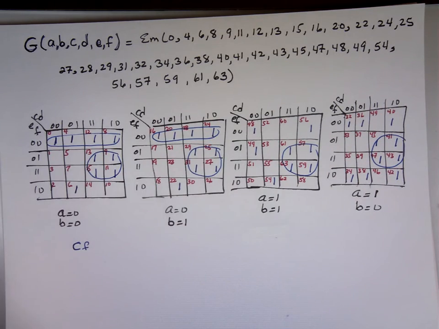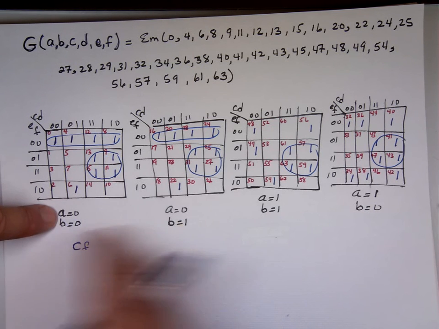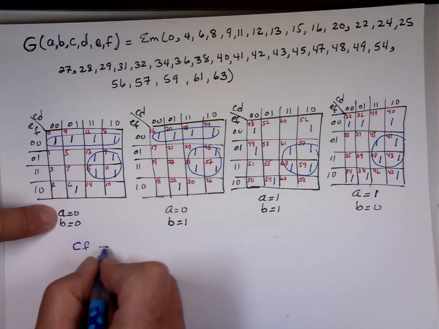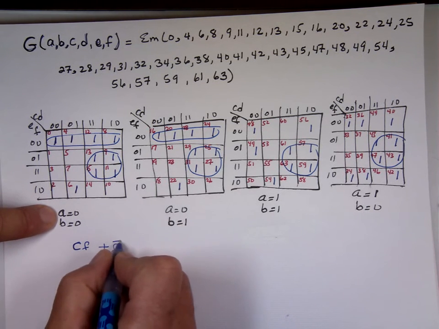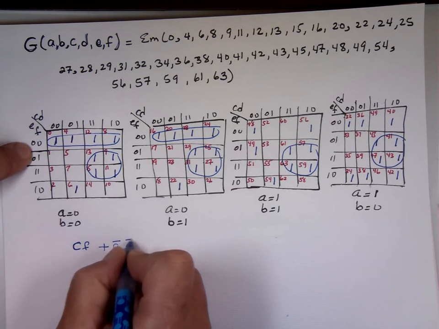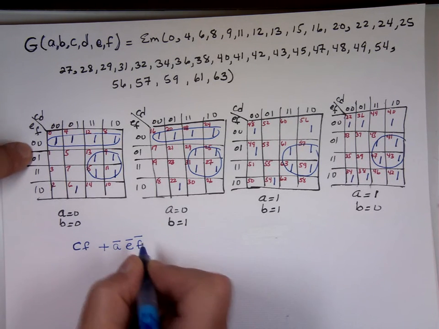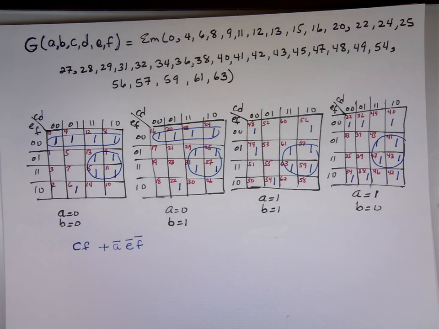That's a group of what? 8. A is staying 0, B is changing. So that's A bar, E bar, F bar. The top left and right corners also work.